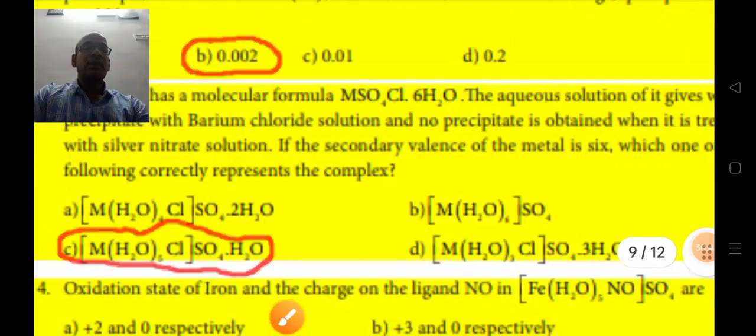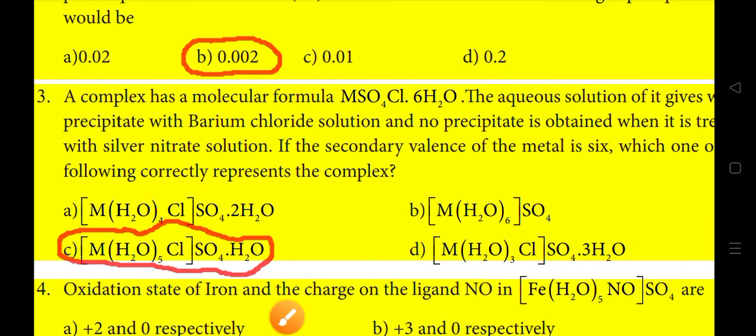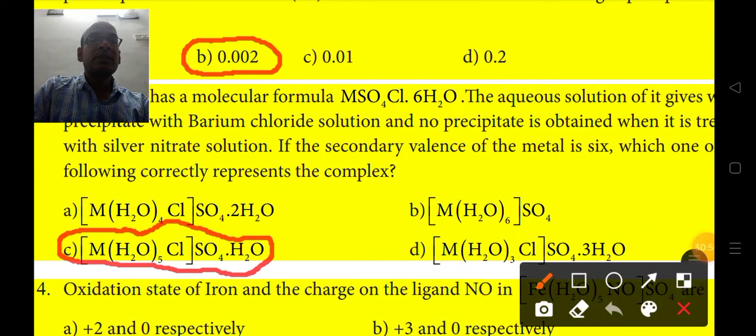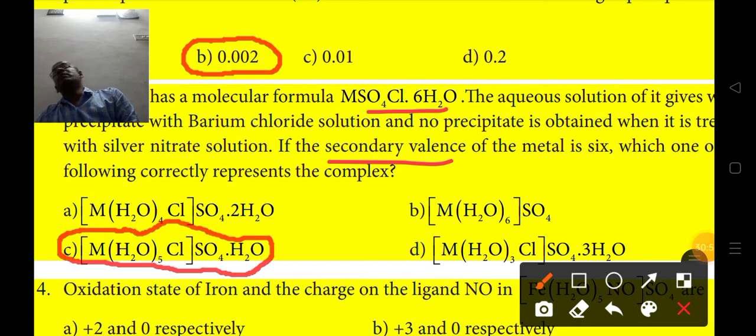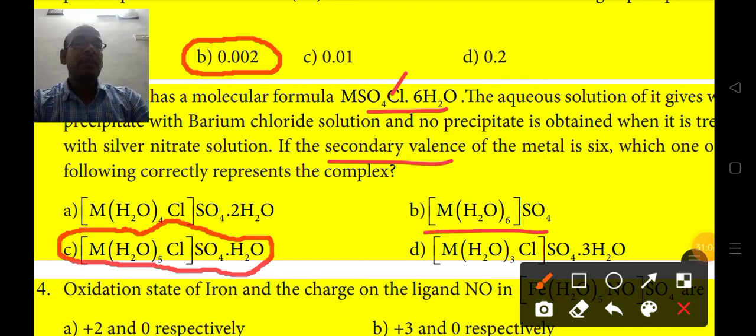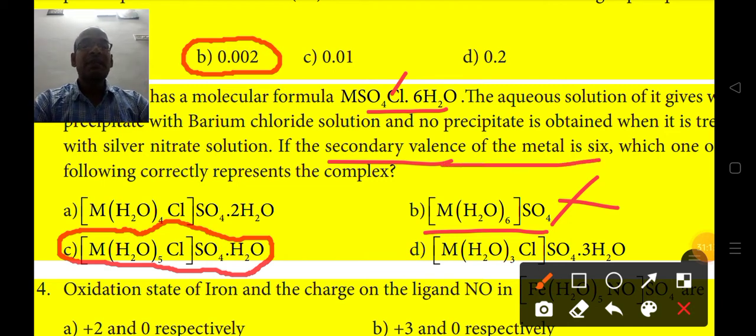In this case, main point, we first note down the molecular formula and secondary valency. From the molecular formula, in this case Cl is in the molecular formula, but in option B no Cl, therefore option B will be cancelled. Next, the secondary valency of the metal ion is 6. Secondary valency means nothing but the coordination number.